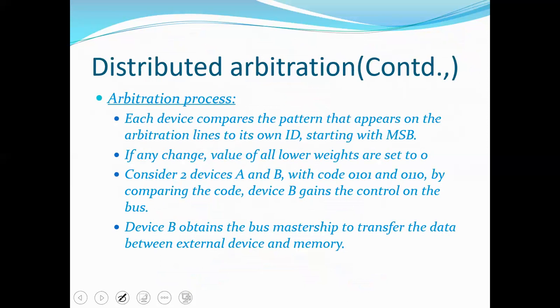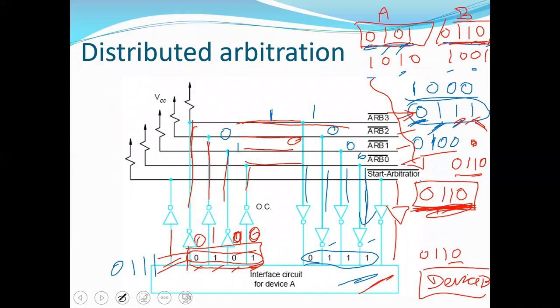By taking the example of 0101 and 0110 and comparing, you can see that device B will gain the control and become the bus master.